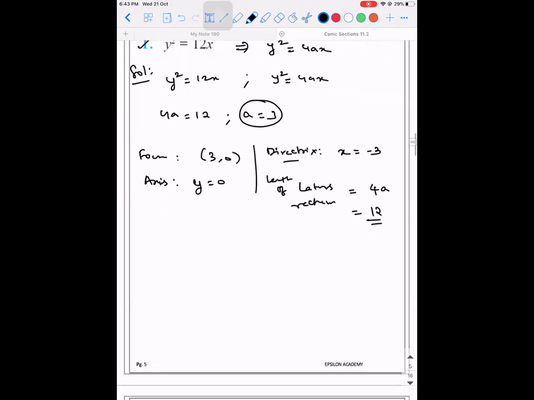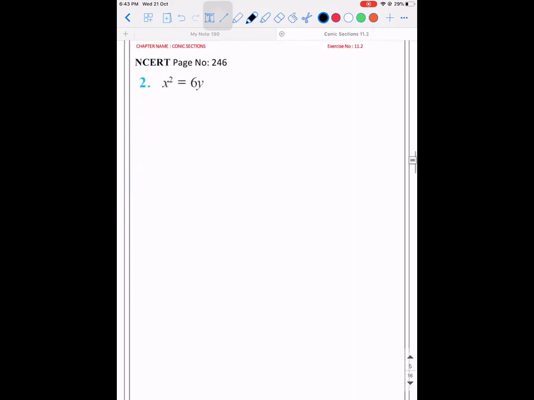So I'm moving on to the next problem. x square is equal to 6y. x square is equal to 4ay, which implies 4a is equal to 6. a will be 3 by 2. Focus: tell me, what is the focus? 0, comma 3 by 2.